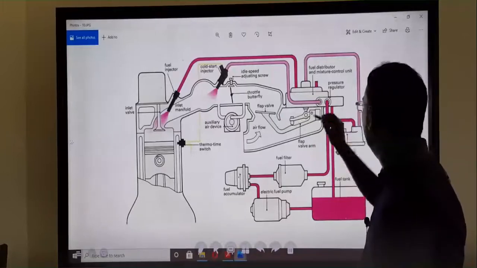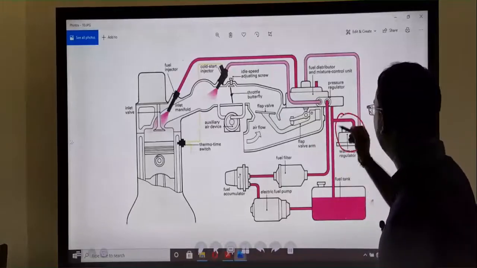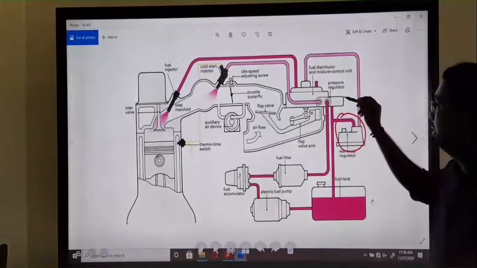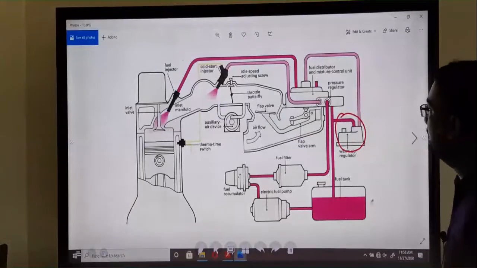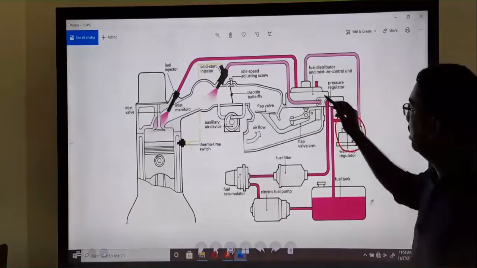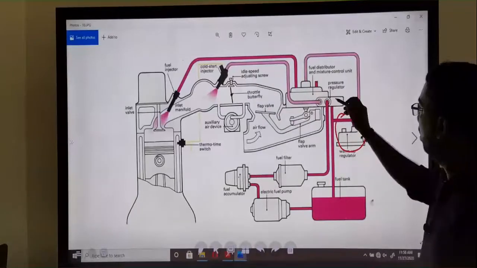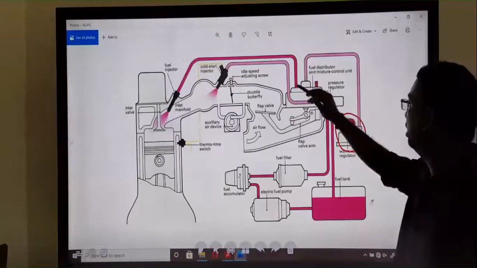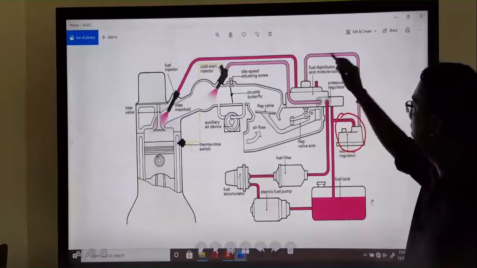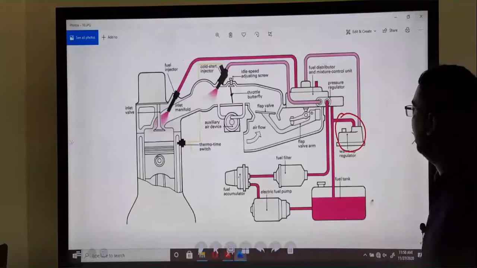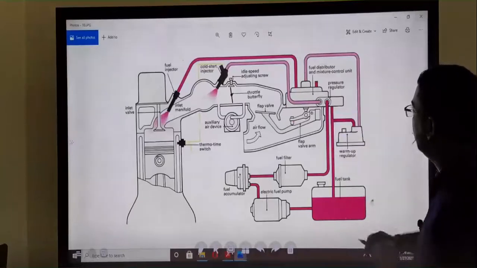So this warm up regulator is a secondary regulator. This is the primary, and this is the secondary regulator. This is connected with the cold start line. This controls the normal pressure line, and this controls the pressure of the cold start line.